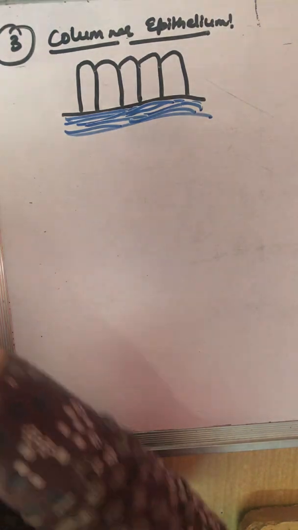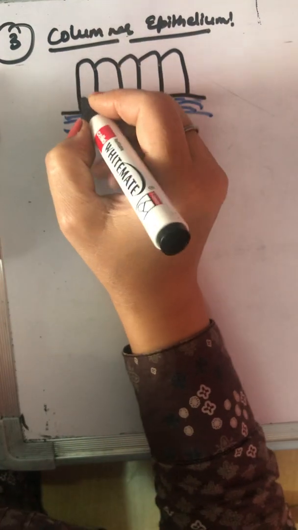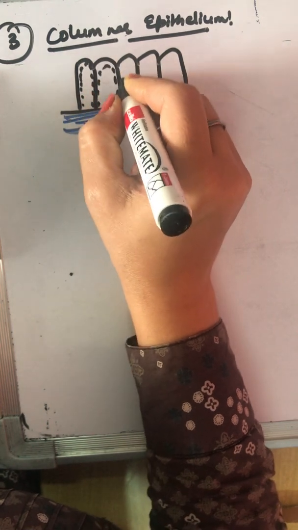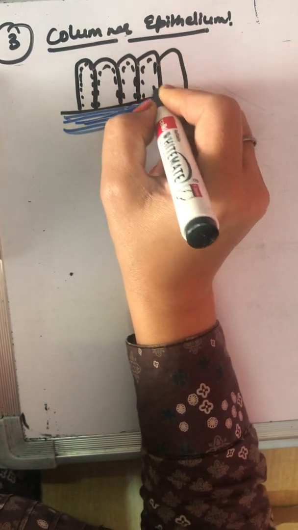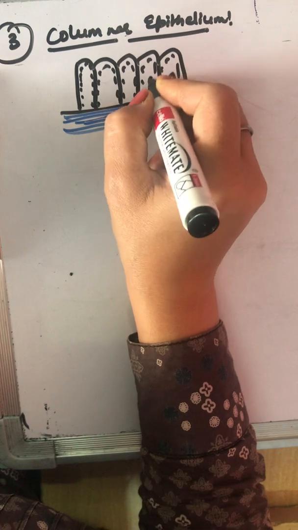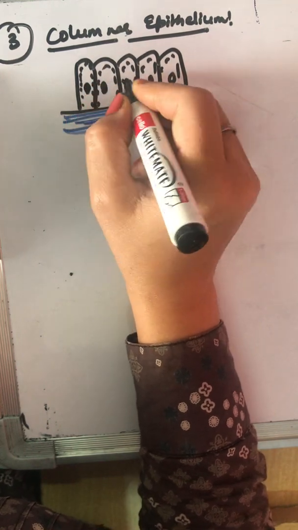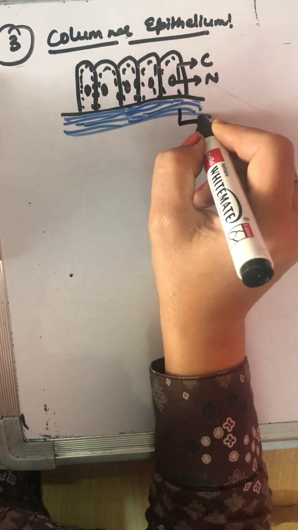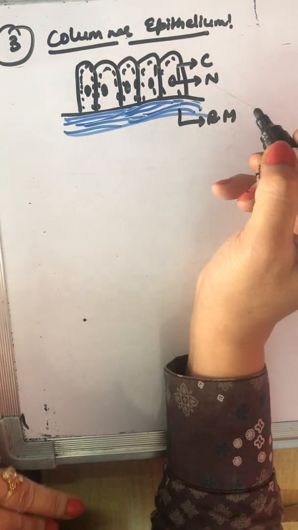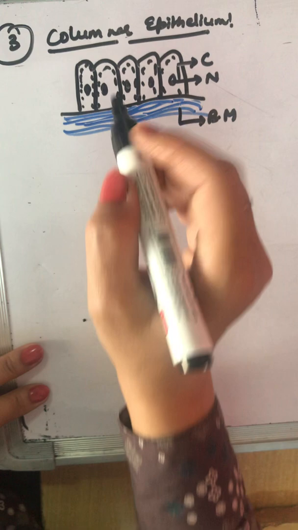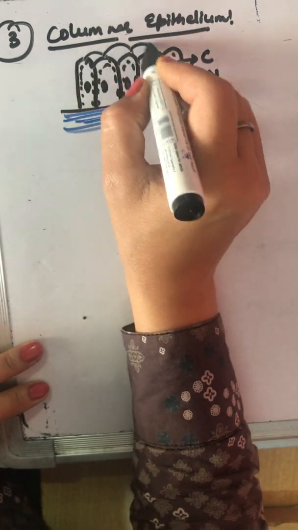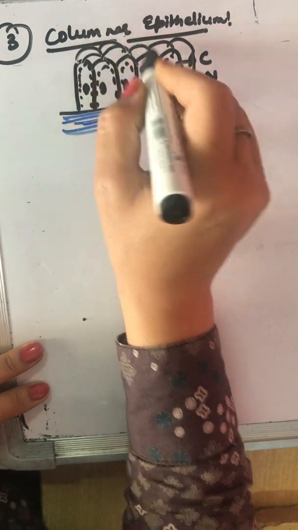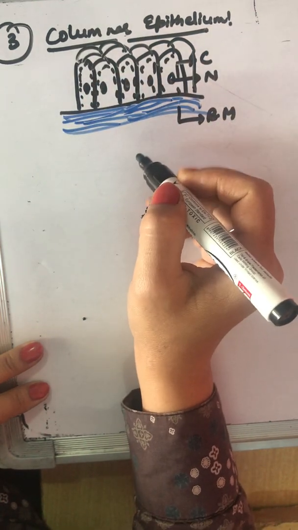These columnar cells have cytoplasm as well as nucleus in the center. Cytoplasm, nucleus, basement membrane. Clear? Now, this is how these column-like cells are present and are adding up onto the cells again and again.